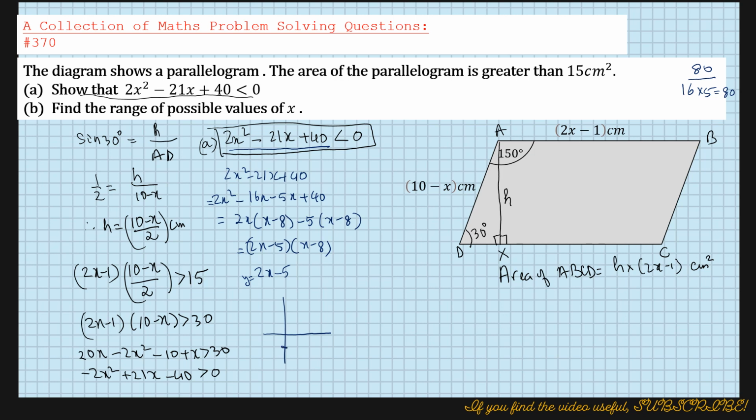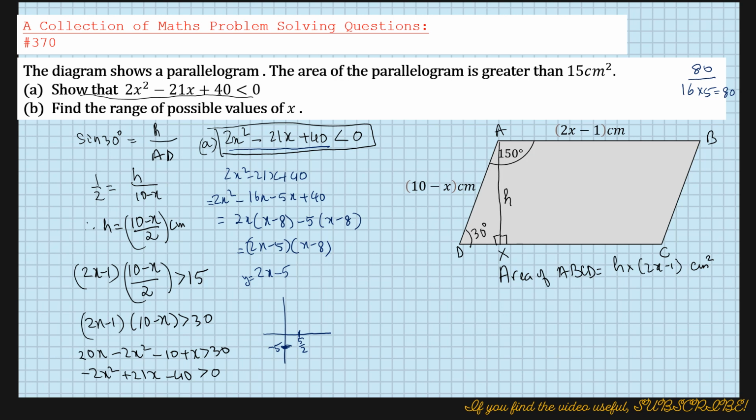And when y is 0, x would be 5 out of 2. So 5 out of 2 is somewhere here, and that's minus 5.